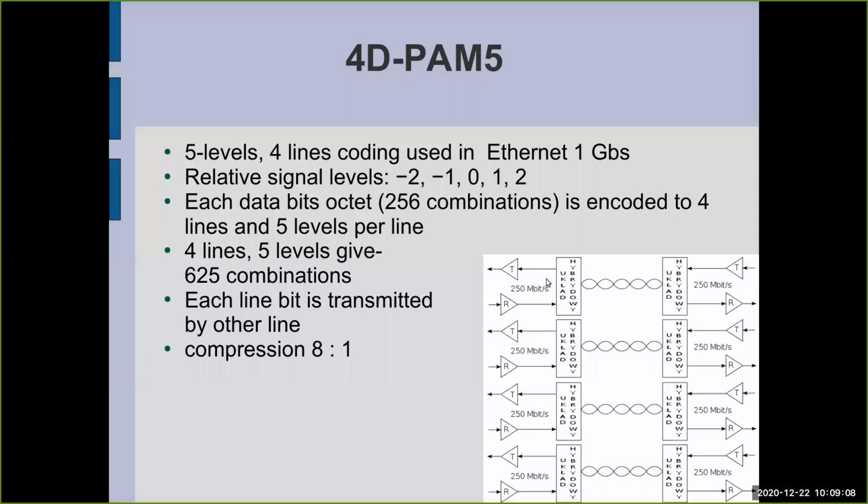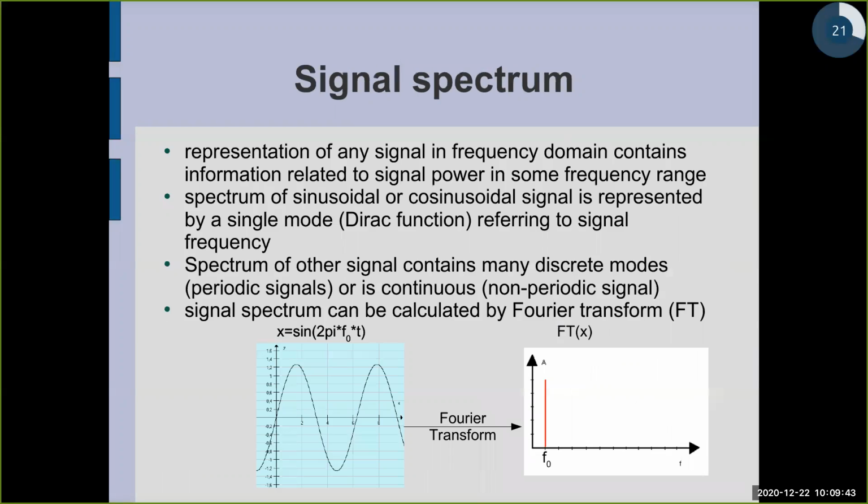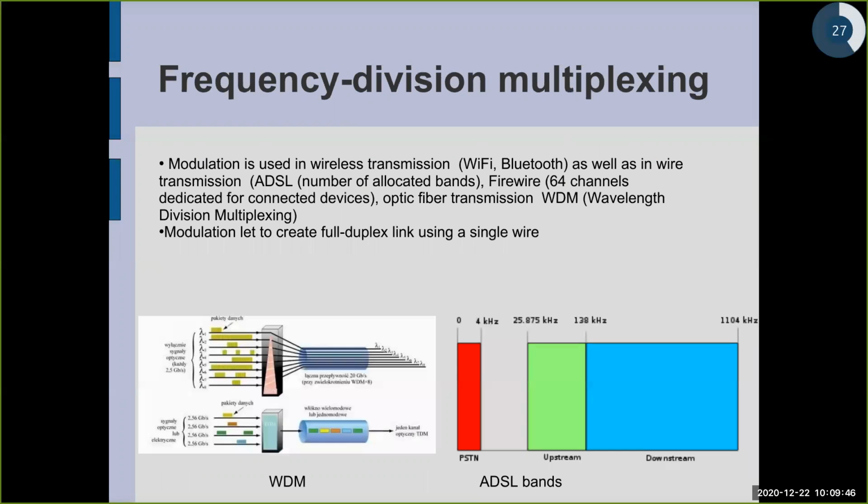We have 4 channels, and we send this data simultaneously. No, we take 8 bits and we encode them by using 4 data lines. So this is an example of a parallel interface.